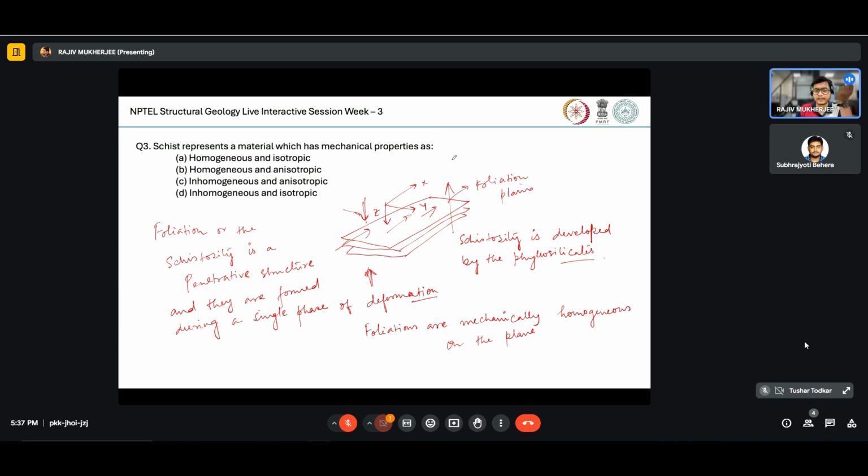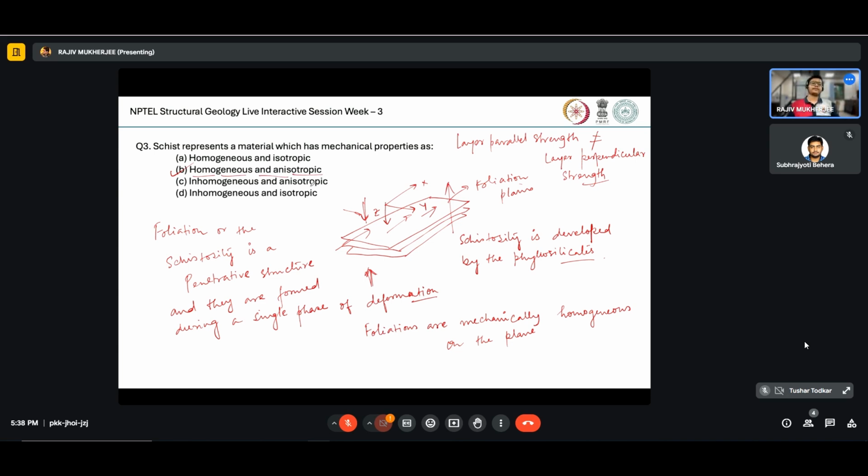So layer parallel strength is not equal to layer perpendicular strength. That means option B is correct, that the foliations, or the schistosity, are homogeneous and anisotropic structures in terms of their mechanical strength or mechanical properties.